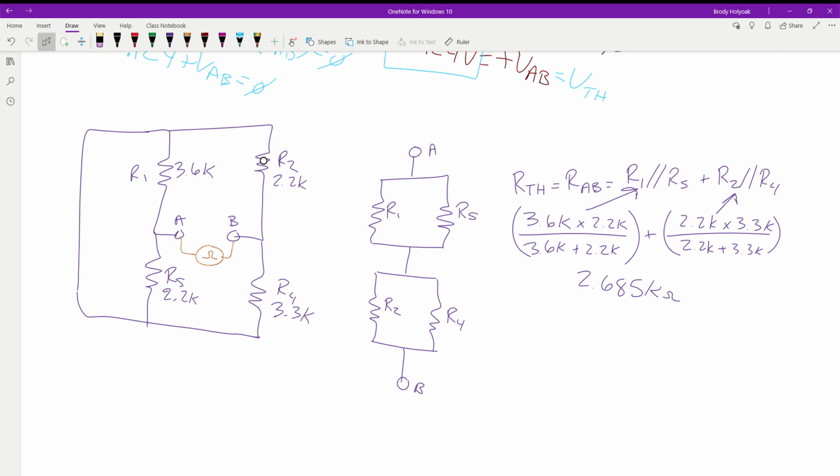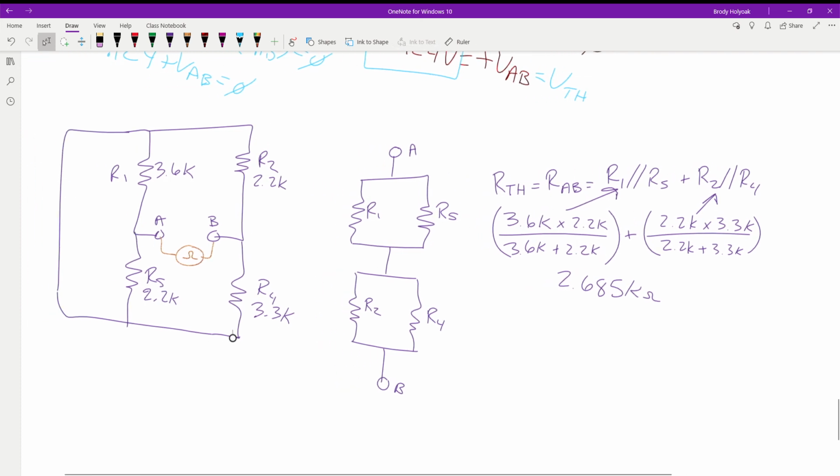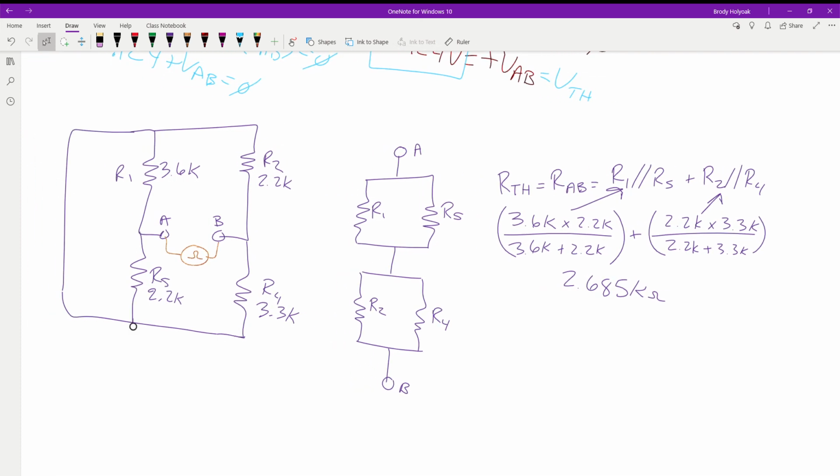There's only one connection from R5 to R4, and there's only one connection from R5 to R2. They have two connections to each other. Right. And that's why I was drawing this guy, to show how everything's connected.